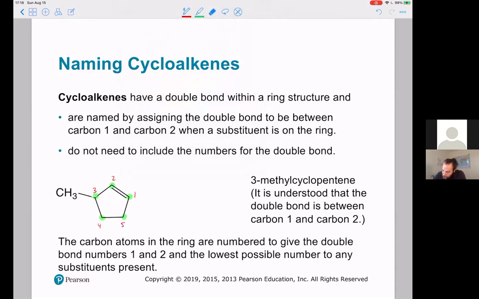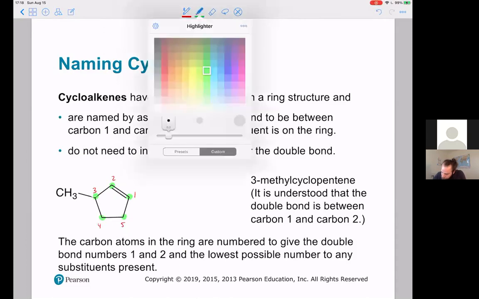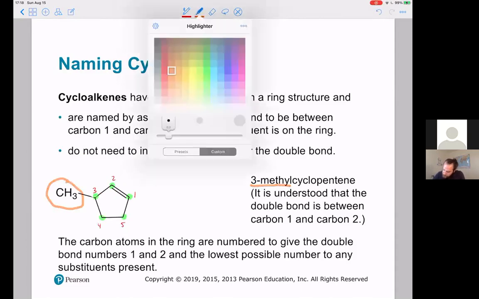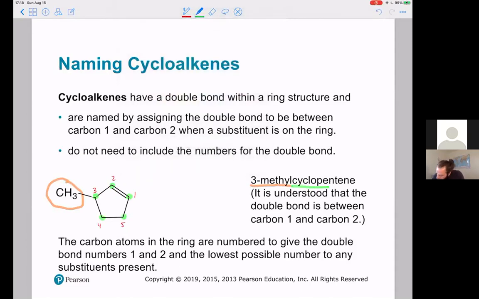So that's why this would be 3-methylcyclopentene. And notice that I don't have to say 3-methyl 1-cyclopentene. I can just say 3-methylcyclopentene because I'm always going to number my ring such that that double bond is between carbons 1 and 2.